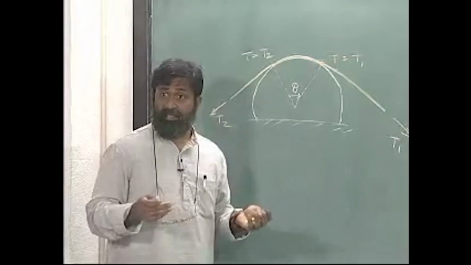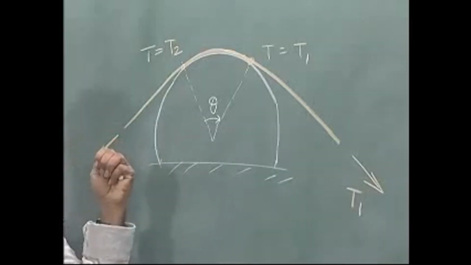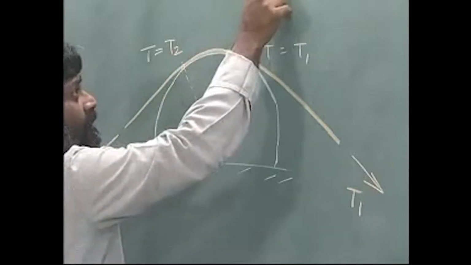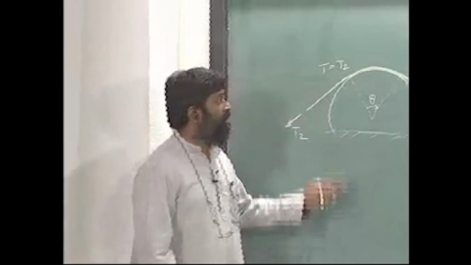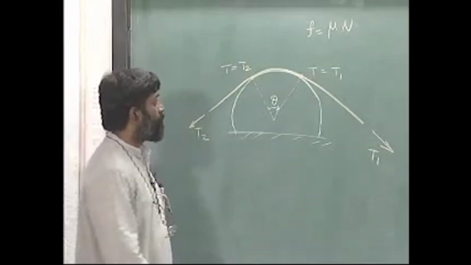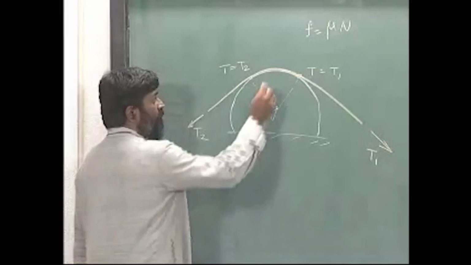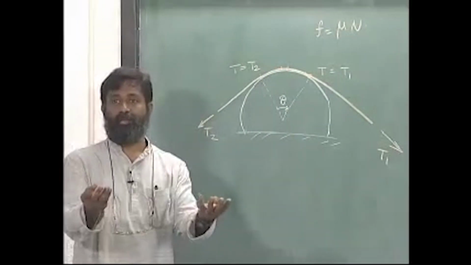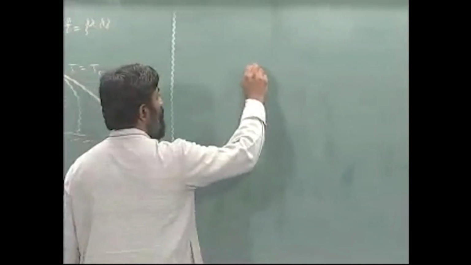So, in a static case I will not be able to find out, but in a case when there is impending motion, it is possible for me to use the fact that the frictional force is related to the normal force by this relationship, mu times N. I should be able to solve this problem for the relationship, okay. For that, what should I do? Like what we have done in the earlier cases, we have to examine a small portion of this particular belt for equilibrium, okay, and that is basically what I am going to do in the next couple of minutes.